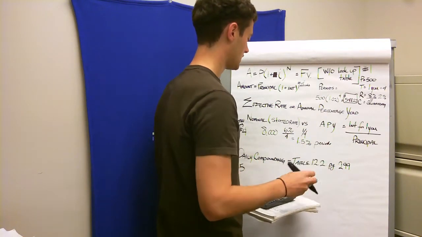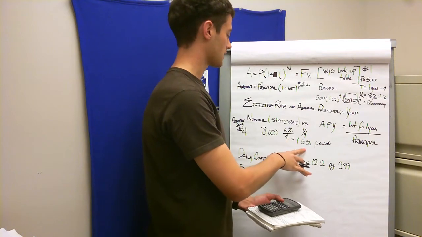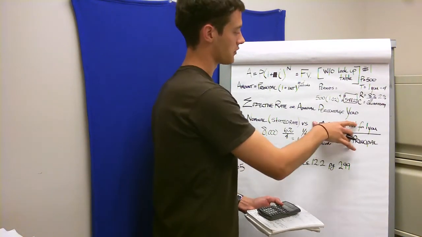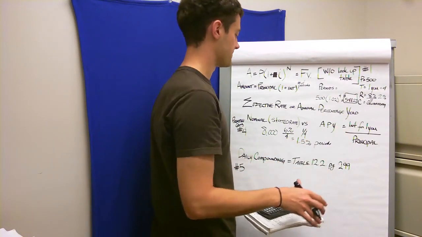So there's a couple ways that we could calculate the interest, because we have to figure out how much interest is made before we can figure out the APY.